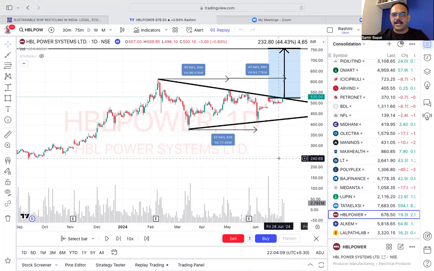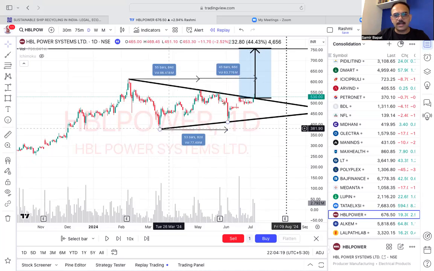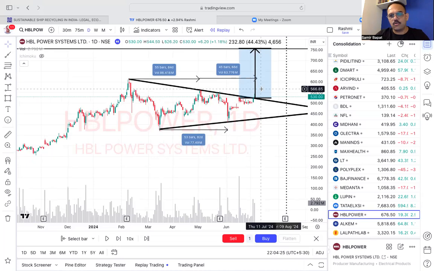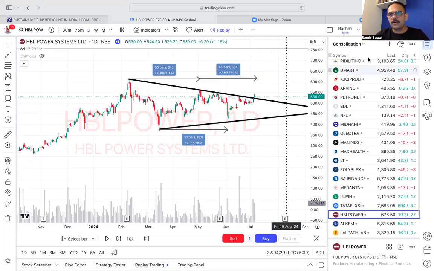See, this is a triangle. The price is bouncing. It went up, went down, bounced up. So we have two tops. We drew a triangle. It went down, went up. These are two bottoms we have drawn. We are waiting for it to come out. Agreed, Rohit? Okay, Rohit.